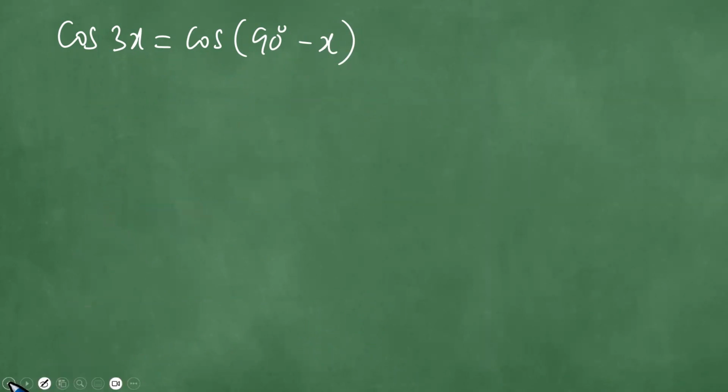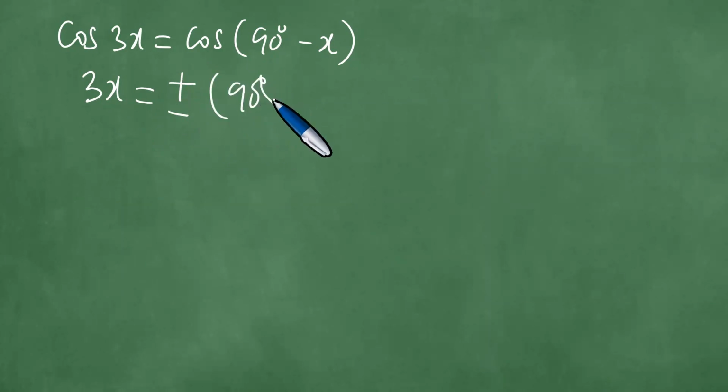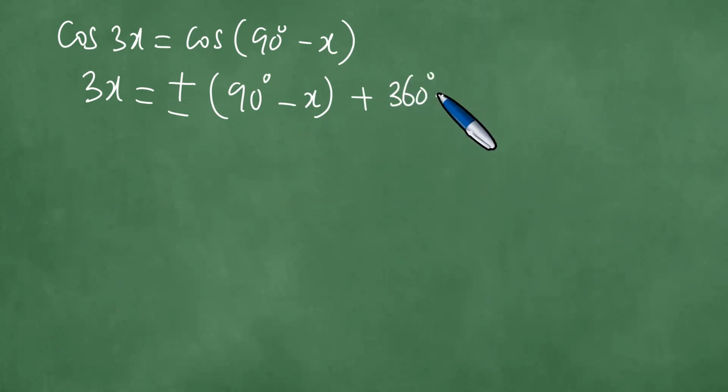What do we do here? This means that 3x, because the cosine function is an even function, becomes plus or minus (90 degrees minus x), plus multiples of the period of the cosine, which is 360 degrees.